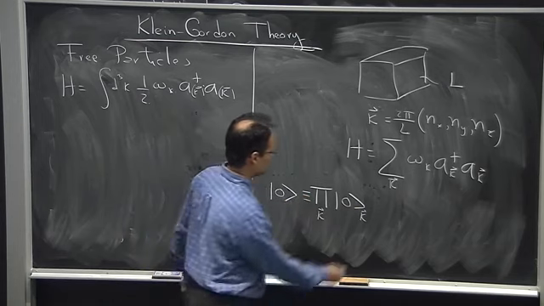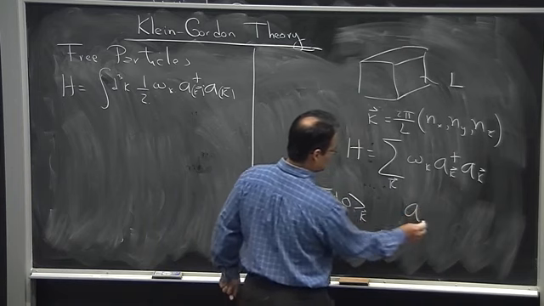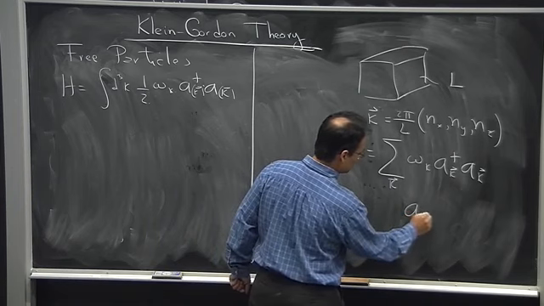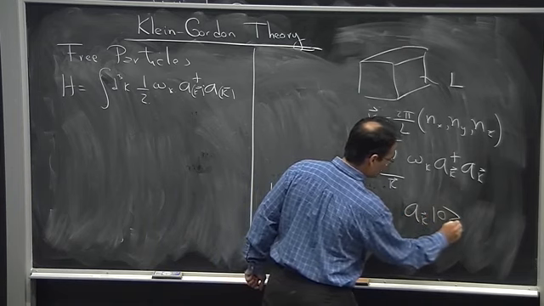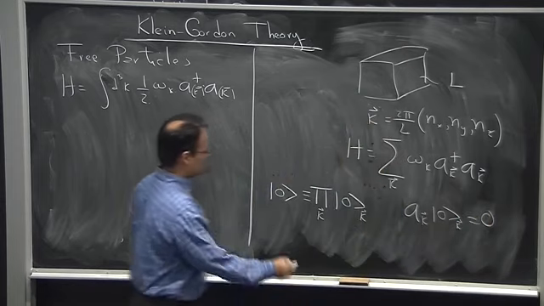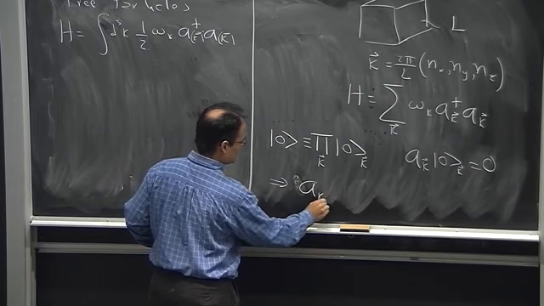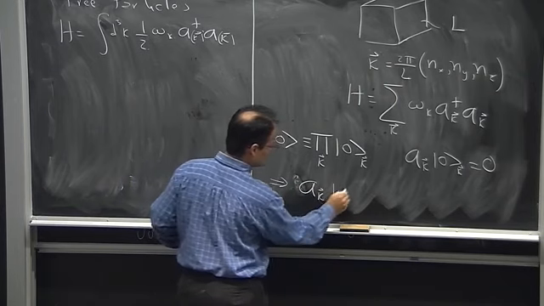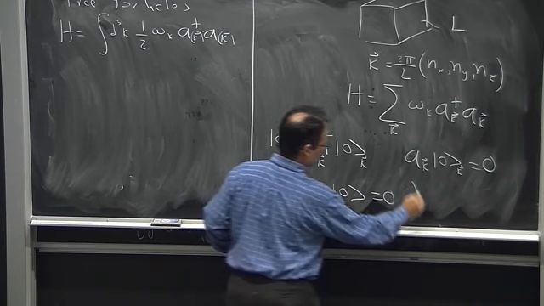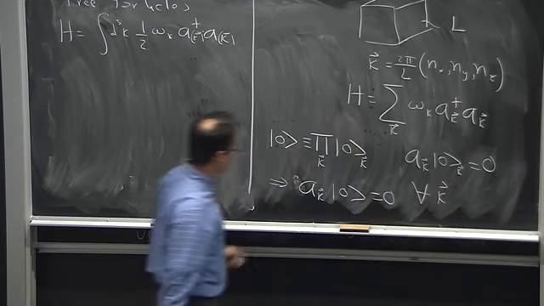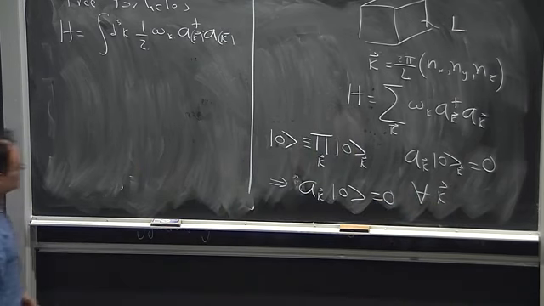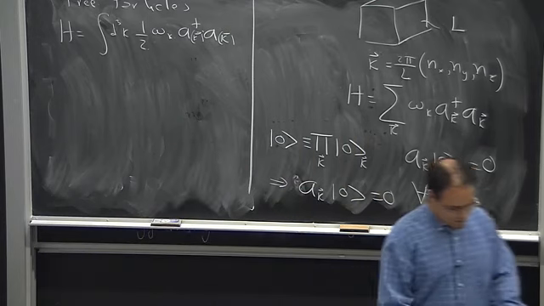After all, each of the individual ones is annihilated by its corresponding annihilation operator. And that implies that the vacuum of the theory will be annihilated by any of them. Okay? Very good.